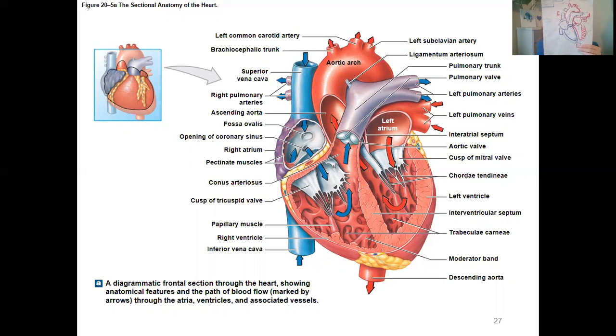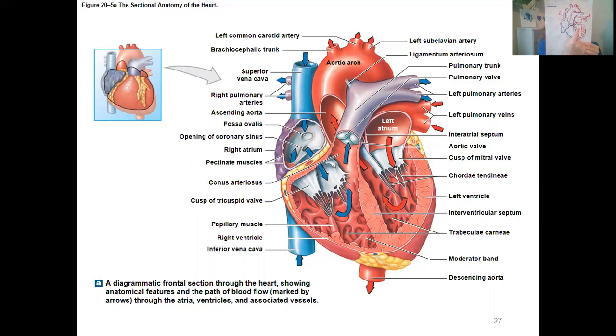Once the blood has dropped off the CO2 and picked up the O2, that oxygenated blood is going to come back into the heart through the pulmonary veins. Those pulmonary veins will always drop the oxygenated blood off in the left atrium. From the left atrium, you will go through the left AV valve, aka bicuspid, aka mitral, in order to get into the left ventricle.